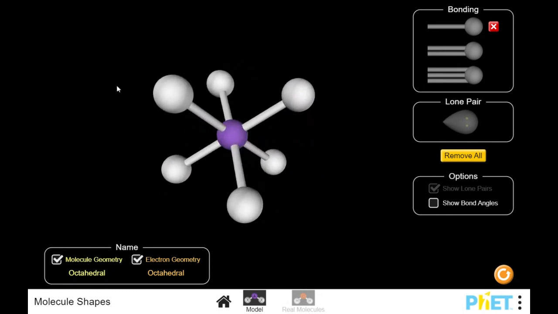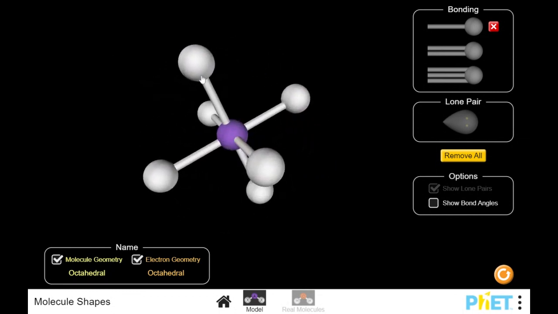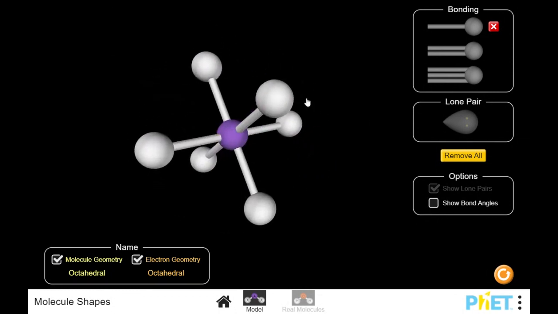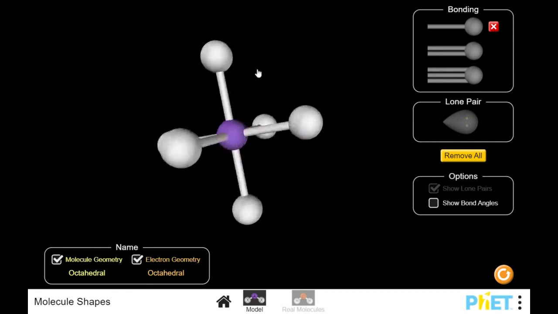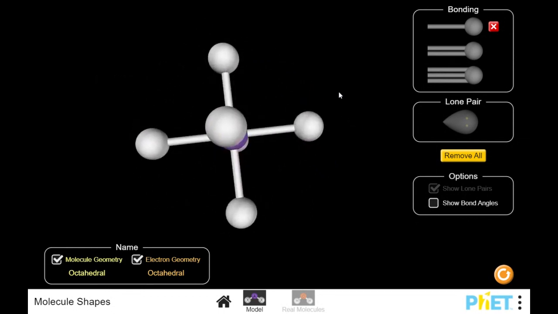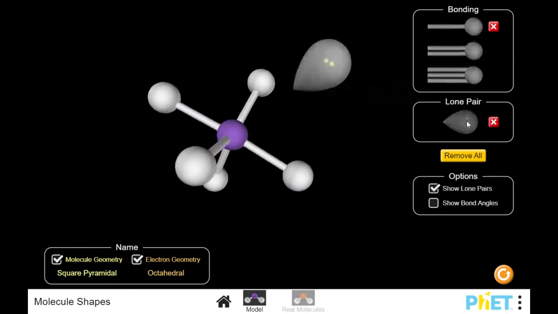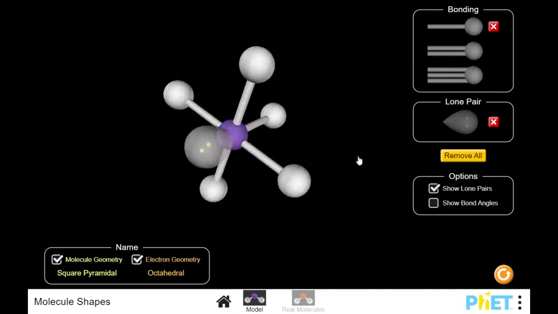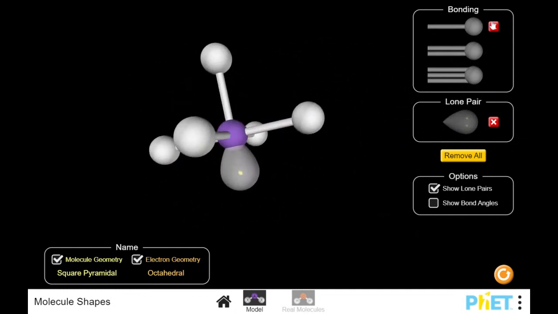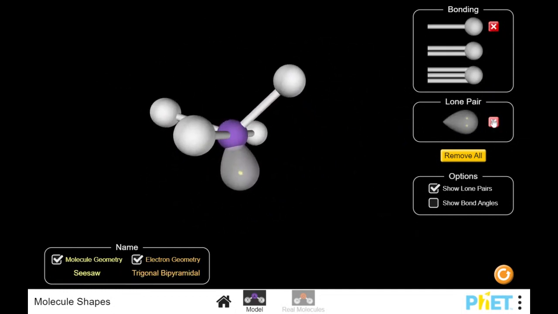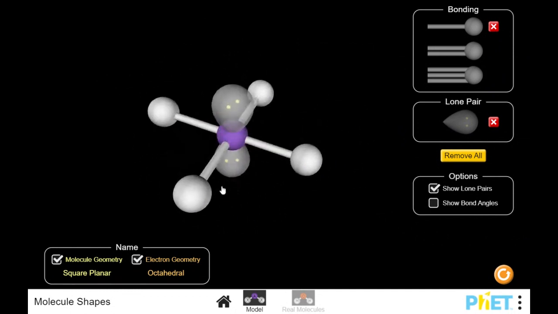All those transition metals that we're going to kind of avoid, they're all octahedral. They all have octahedral coordination compounds, complexes when they're in water. Okay. And we can go through and take a bond out and put a non-bonding pair in, take another one out and put another one in.